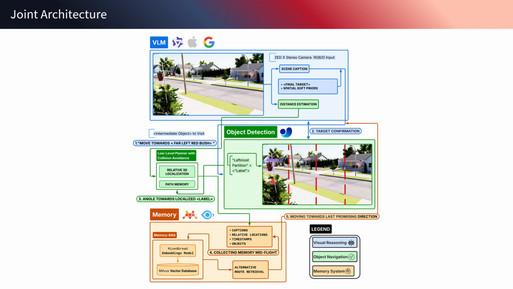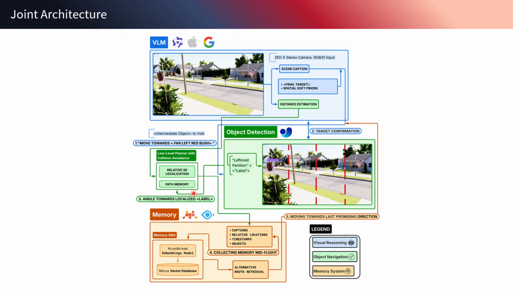We would use the angle from the bounding box, our position and orientation of the drone, and the coordinates because we still have the GPS and the IMU system. We would be able to estimate the relative coordinates of the far left bush where we want to go, and then we would provide these relative coordinates to our low-level planner, and it would try to navigate towards it.